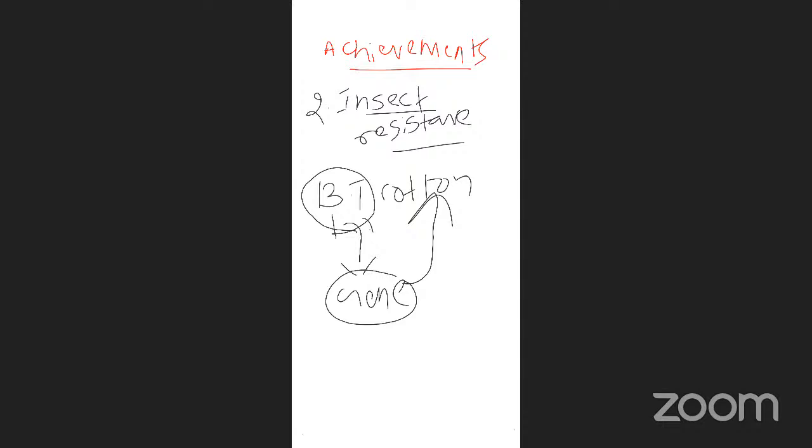In nature, we must have seen a number of herbs, weed plants in crops, right? Number of weeds are present.